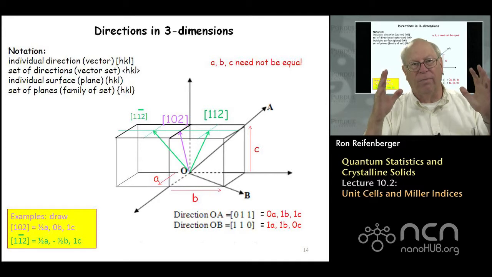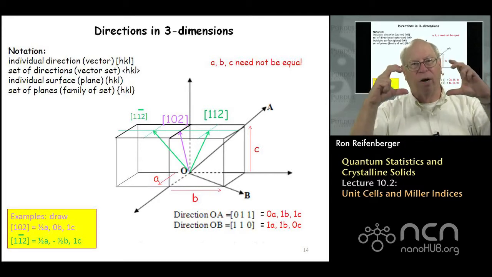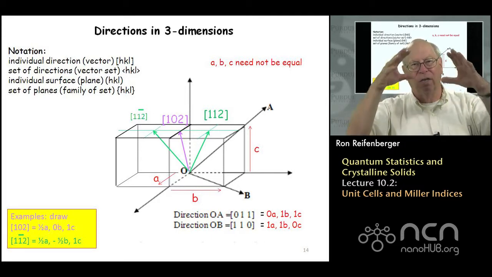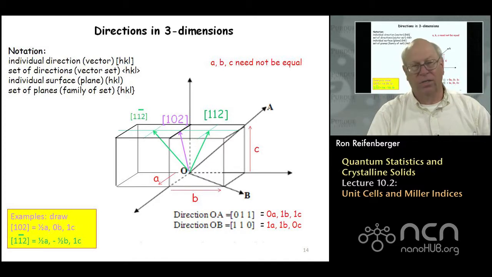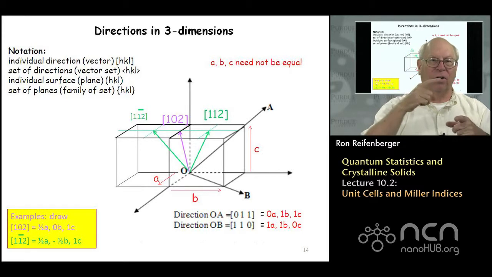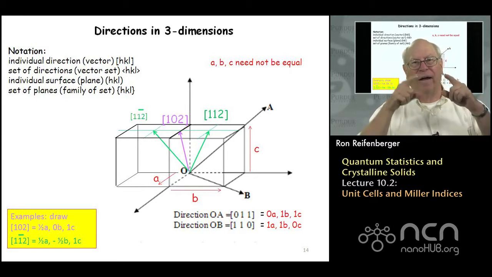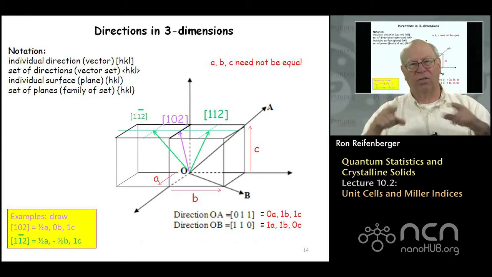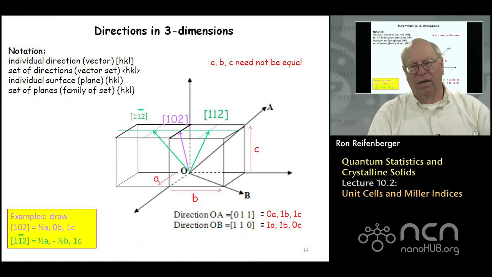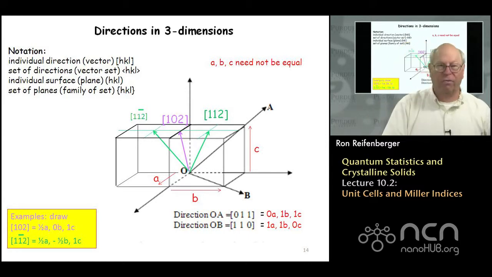So the important thing to remember is square brackets indicate directions, round brackets indicate planes. If you remember that, and you remember that the Miller indices are the smallest integer values that are proportional to the intercepts of the plane with respect to the x, y, and z axes, you can pretty much work your way through a lot of these problems in a very straightforward way.